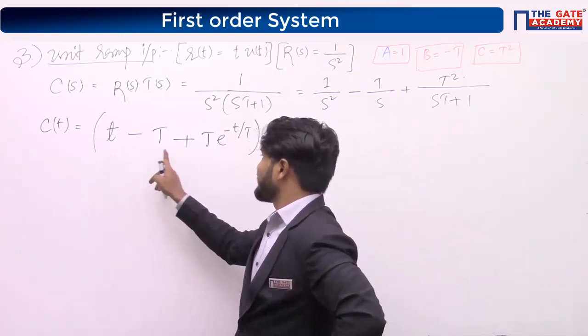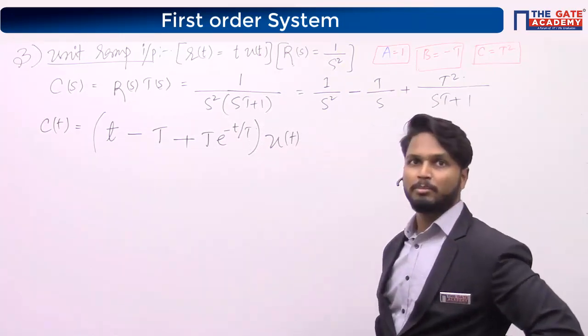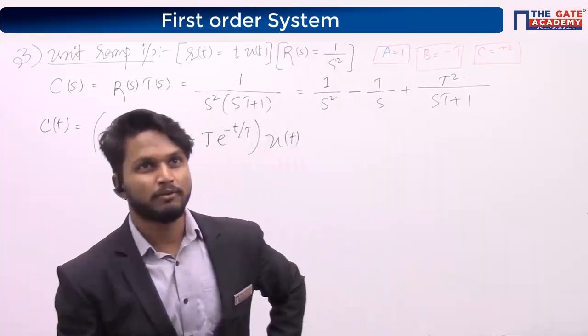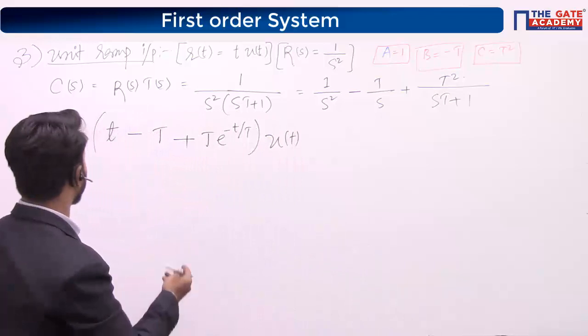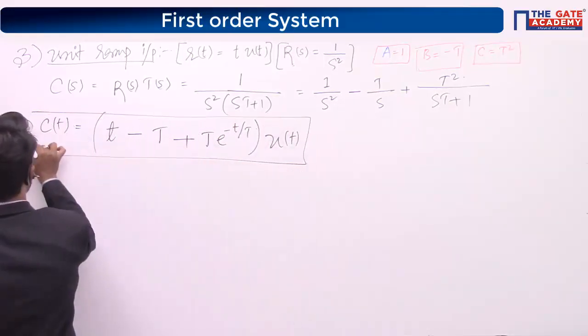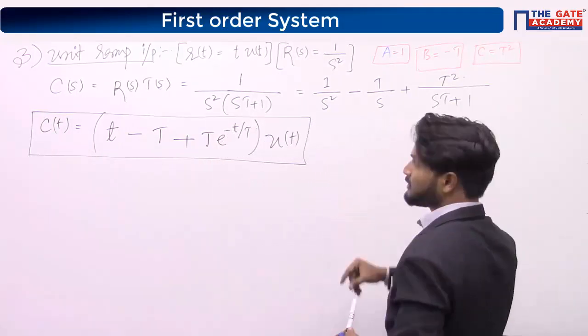So this is the response of your system, of your standard first order system, for what input? For a ramp input.